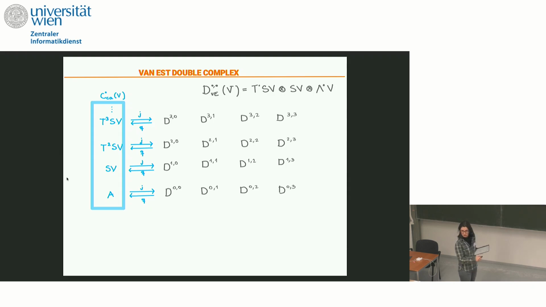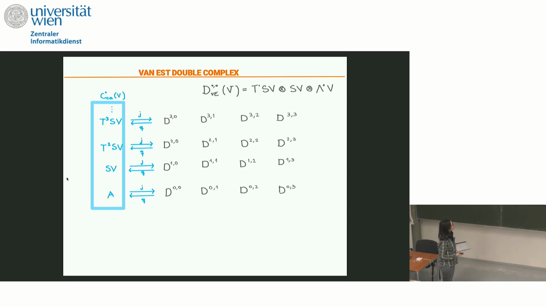It's bigraded because you have a degree in the tensor algebra and a degree in the Grassmannian. So we can think of it as the usual grid. This is my big complex, the Van Est complex, and I would like to connect the double complex first with the coalgebra complex I just defined, and then with the Chevalley-Eilenberg complex, which is at the end of the story my goal.